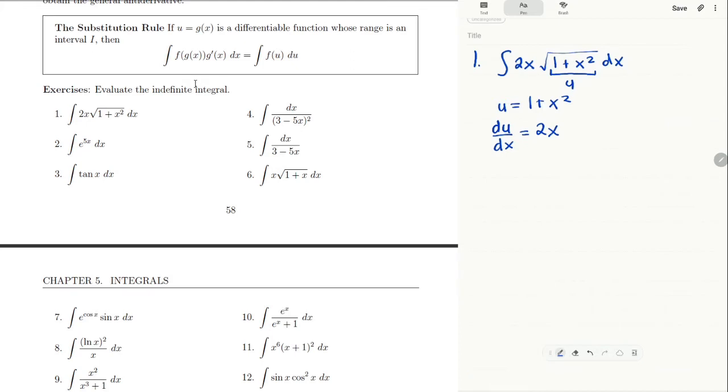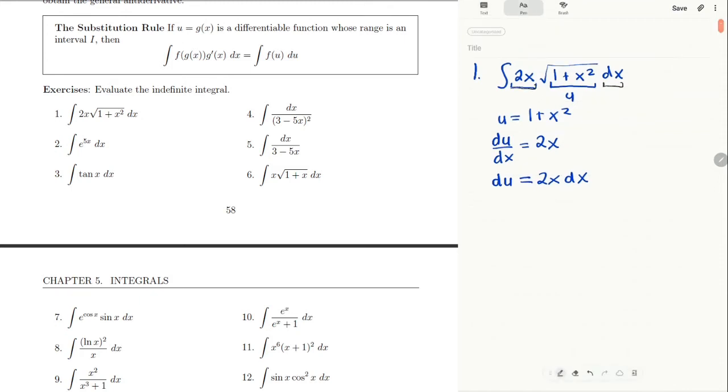And notice that the derivative is also in the integrand: we see a 2x in front of the square root. If we solve for du in this equation by multiplying both sides by dx, we end up with 2x times dx. So the 2x and the dx can be replaced with du.